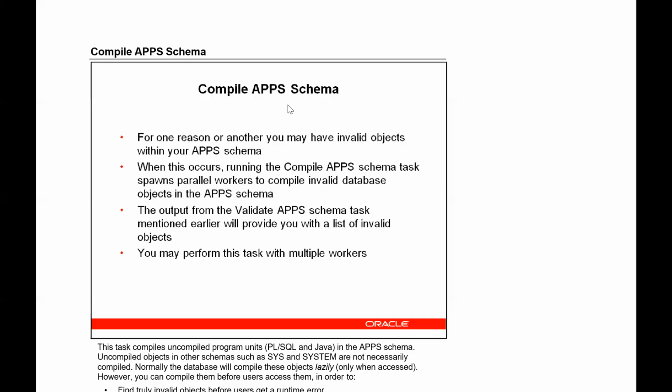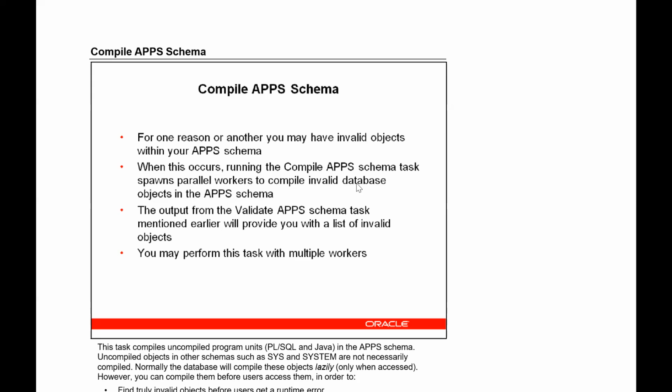So when Oracle says so, you may have to compile the app schema. Running compile app schema spawns parallel workers to compile the invalid database objects. Some people run UTLRP on database objects, but in an application this is normally preferable, right?